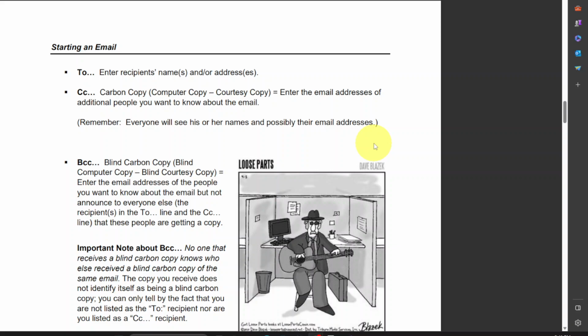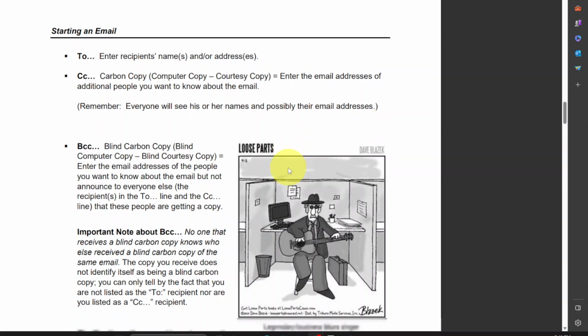A BCC is a blind carbon copy. Blind computer copy. Blind courtesy copy. Enter the email addresses of the people you want to know about the email, but not announce to everyone else, the recipients in the To line and the CC line, that these people are getting a copy.